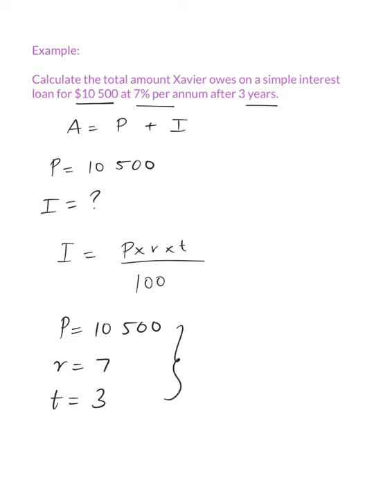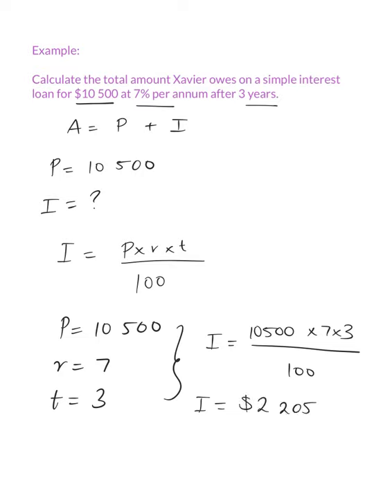All we need to do is sub this into the rule. So that is interest equals 10,500 times 7 times 3 over 100. Therefore, the total interest equals $2,205. So we found the total interest.